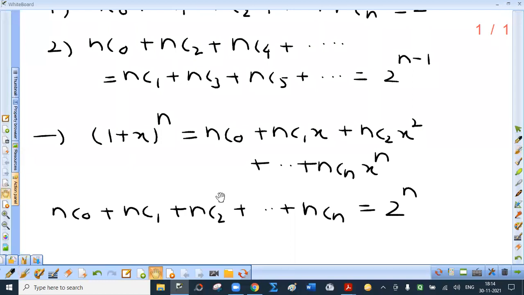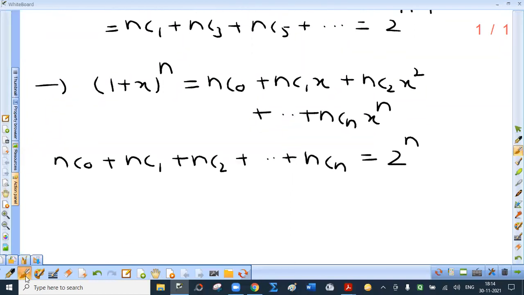Now in the same result, if I put x equal to minus 1, see what I get? I'm putting x equal to minus 1. So NC0 as it is plus NC1 into minus 1 plus NC2 into square of minus 1, which is plus 1. So on the right hand side, terms are alternately positive and negative. So I will write the right hand side first.